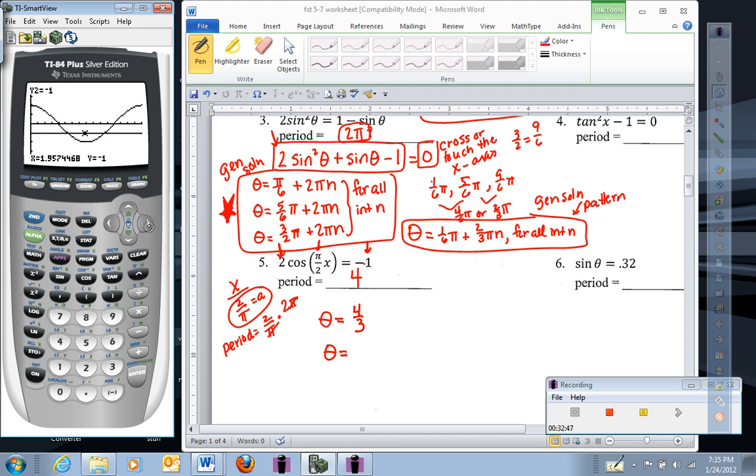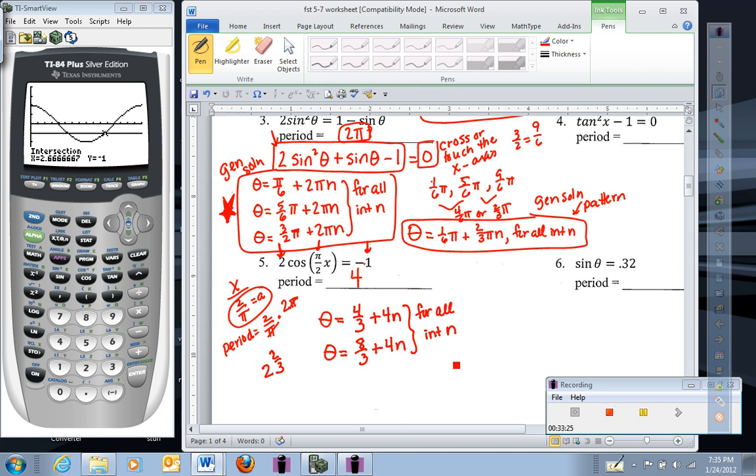Okay, we'll buzz along here, get over here to the right, and we trace that. 2.6 repeating would be 2 2/3, which is 8/3, isn't it? 8/3. And then we're going to say plus the period, which is 4 times n, and the period is 4 times n here also, for all integers n.